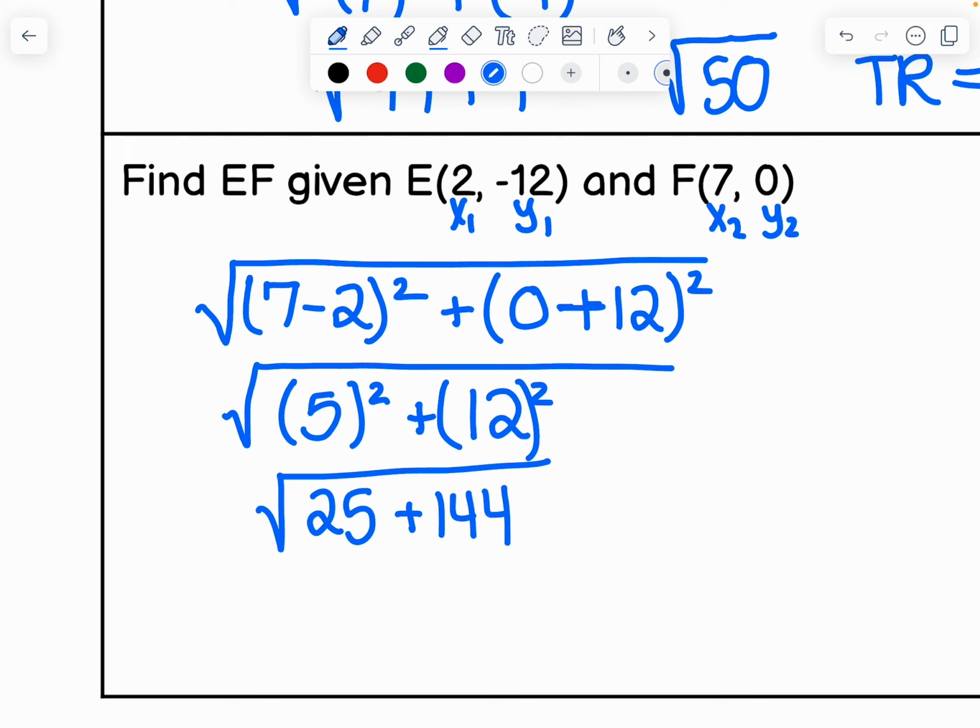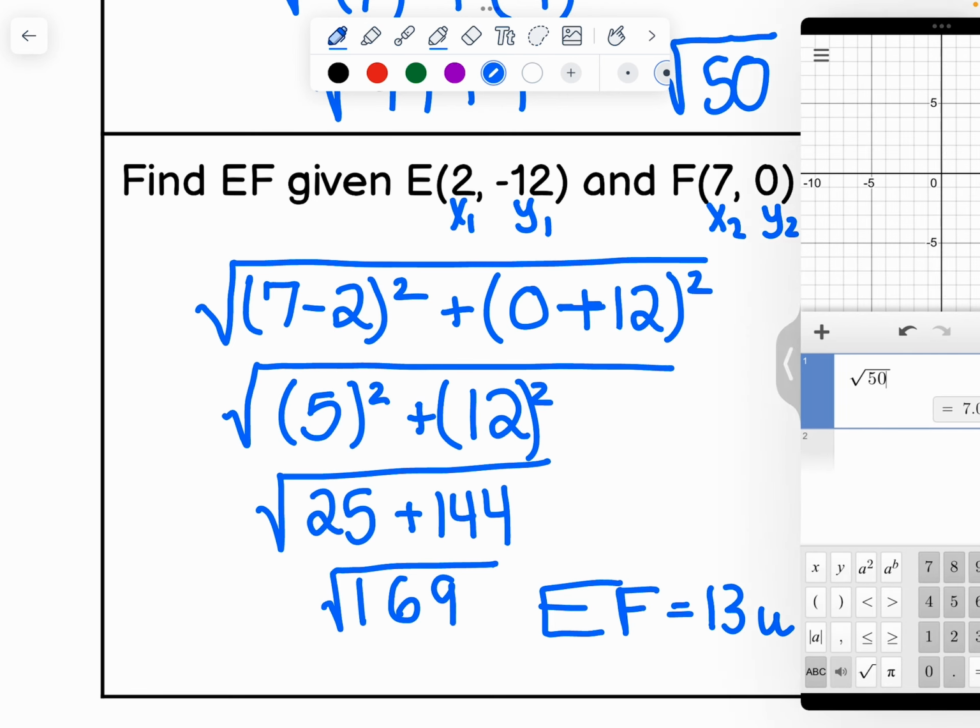Not 14, 144. And 25 plus 144 is 169. We take the square root of 169 and we find that EF is 13 units long.